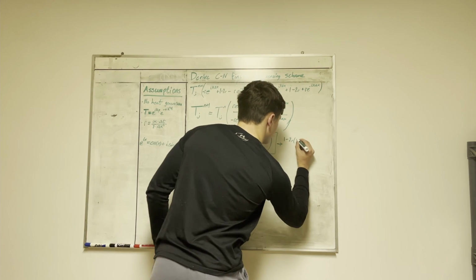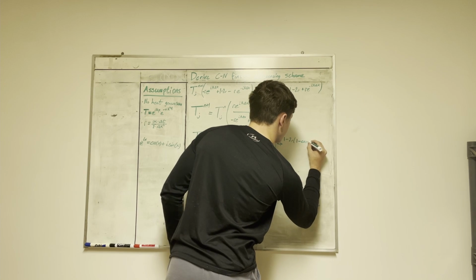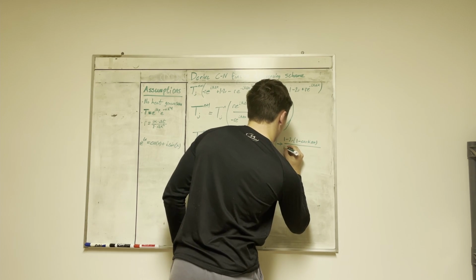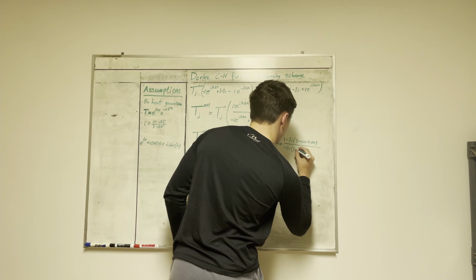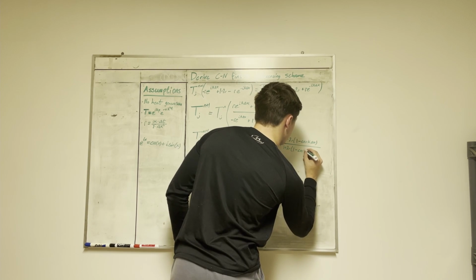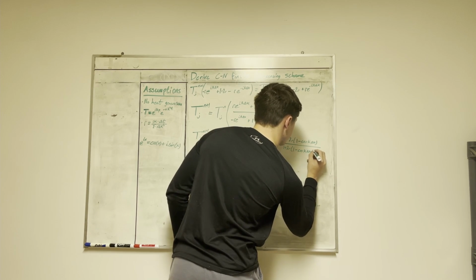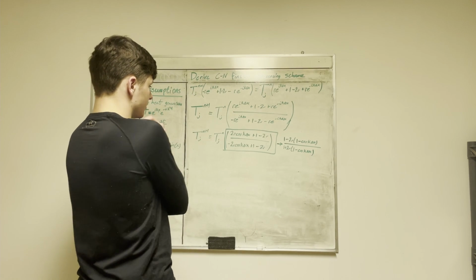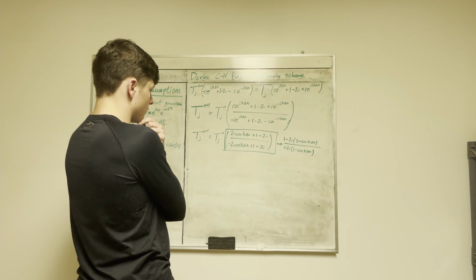Yes, I think it's 1 minus cosine k delta x over 1 plus 2r times 1 minus cosine k delta x. Let me make sure this is right before we go forward.